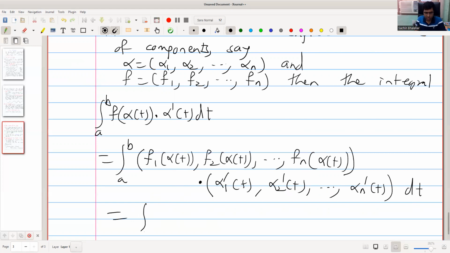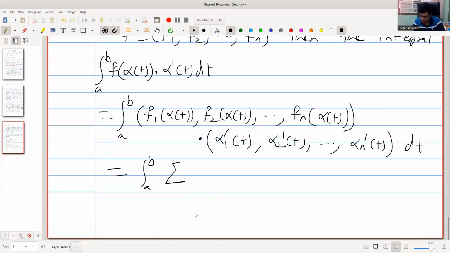So it is the integral from a to b of the summation, k from 1 to n. That is f1 of alpha of t multiplied by alpha 1 dash of t, plus f2 of alpha of t multiplied by alpha 2 dash of t, and so on. The last term is fn of alpha of t multiplied by alpha n dash of t. In general, we have summation k equal to 1 to n of fk of alpha of t multiplied by alpha k dash of t.